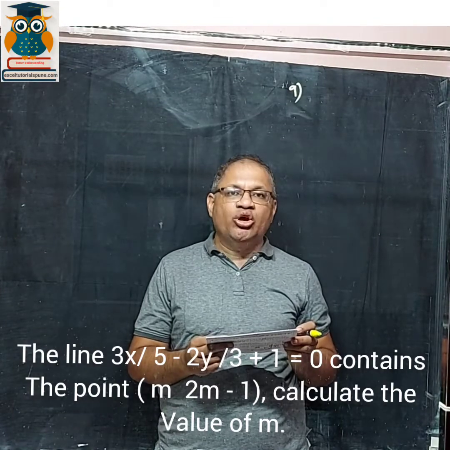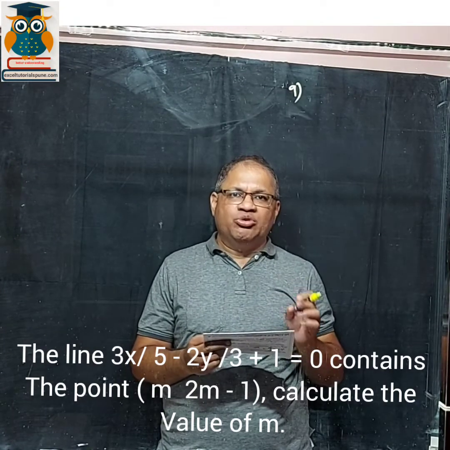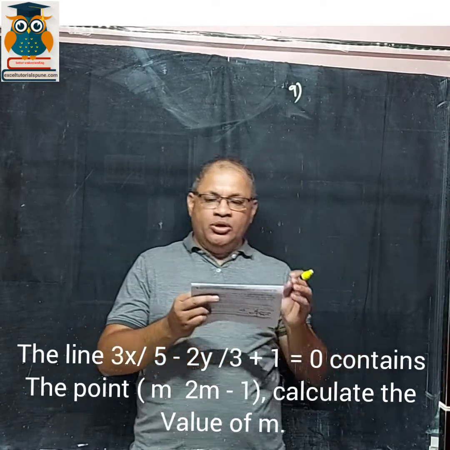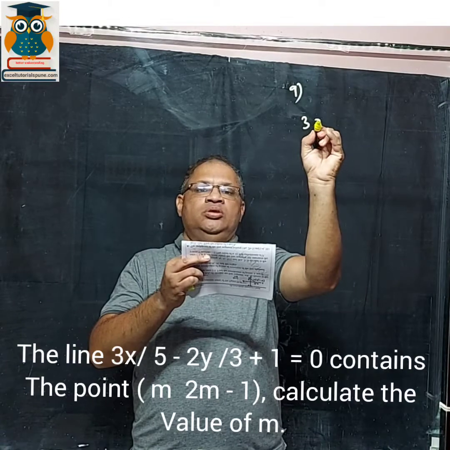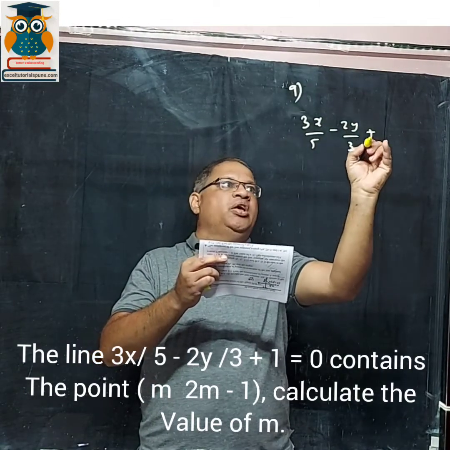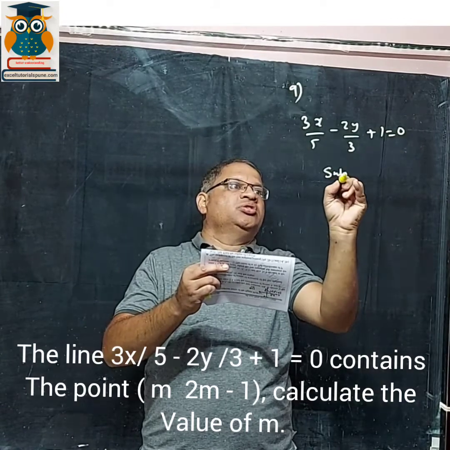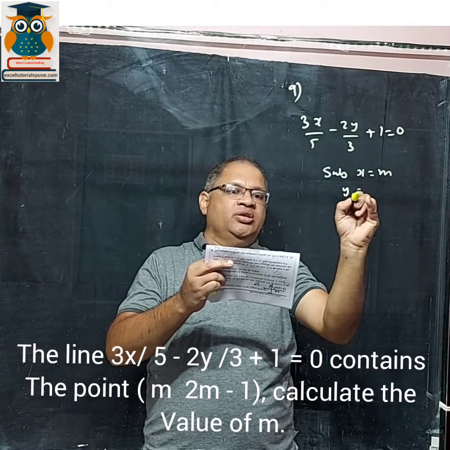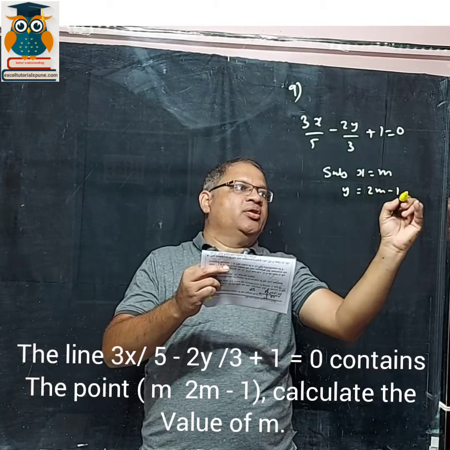So instead of x you are going to substitute m in that equation which they have given, and instead of y you have to substitute 2m minus 1. So 3x upon 5 minus 2y upon 3 plus 1 equal to 0. Substitute x is equal to m and y is equal to 2m minus 1.